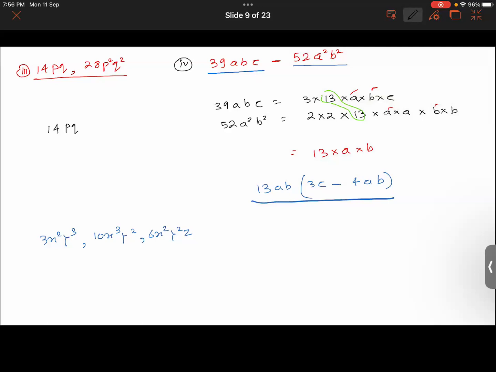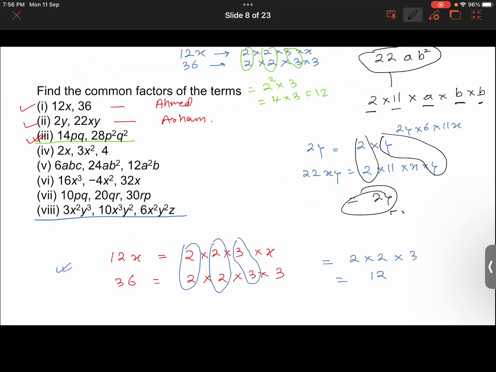Sir, I got the answer. Okay, what is the answer? It's 4x square y square. Look, the first term is 3x square, then 10x cube y square, 6x square y square z.